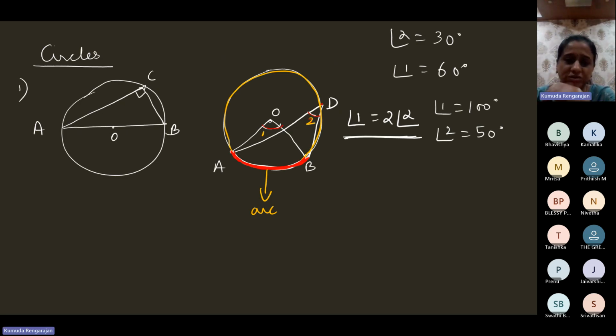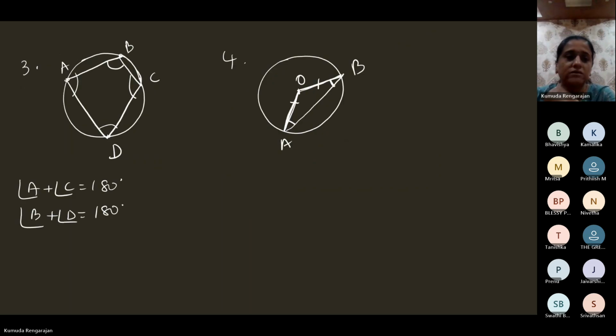So, angle in a semicircle is a right angle. Angle subtended by an arc at the center is double the angle subtended by the same arc at any point on the remaining part of the circle. In a cyclic quadrilateral, opposite angles are supplementary.